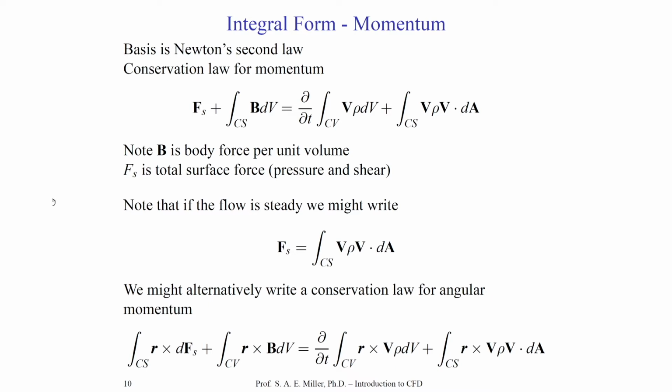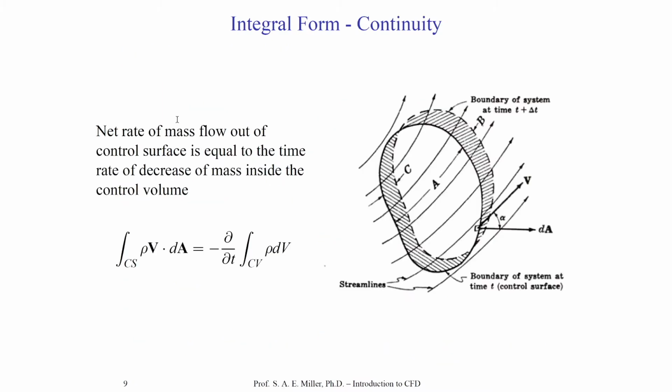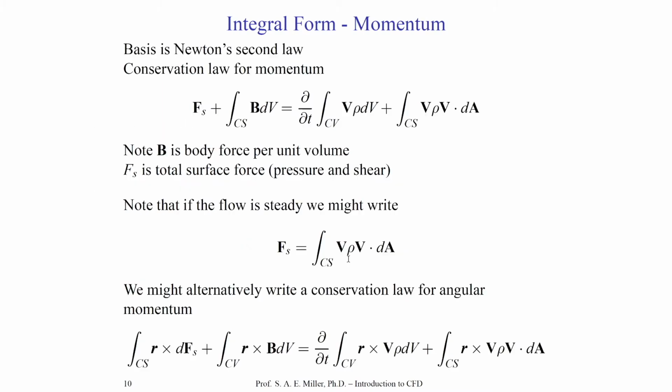It works well. Now, we'll have a conservation law for momentum. Here, there's some force F sub s, which is the total surface force on the surface of our control volume. Please refer to this control volume continually through this discussion. There might also be a body force on the fluid. This could be something like gravity.